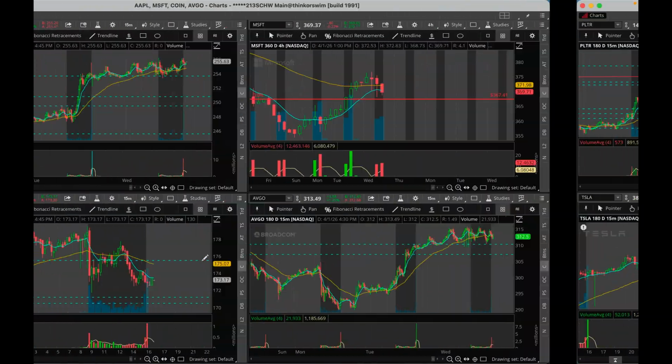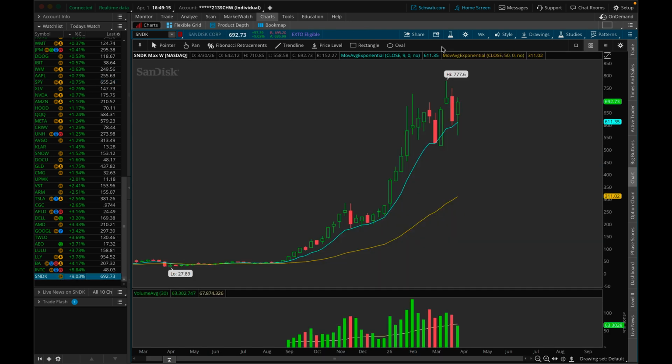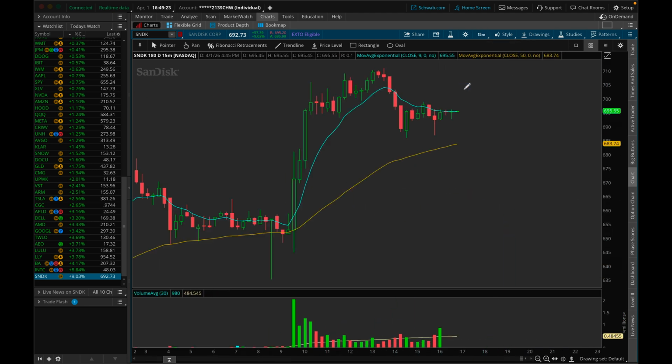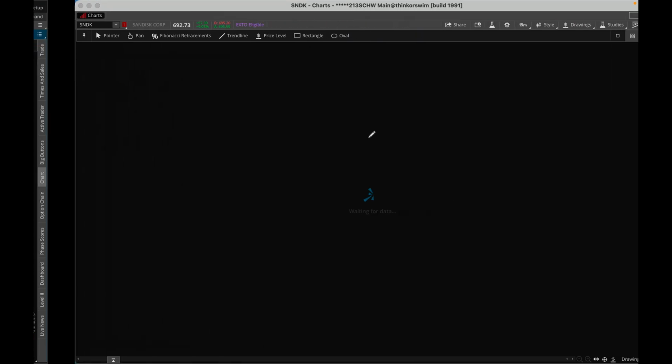All right, so looking at the watch list, let's see who was the top gainer. SanDisk up 9%, which is pretty huge for a company that's worth $692 per share. So looking at the 15-minute chart, it has been very bullish. From yesterday, it was at 570. Today, it's at 700. That's a pretty big jump.